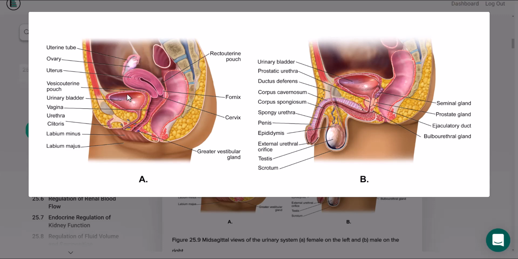So pregnant women are having to go to the restroom more often because the pressure on the bladder from the baby is significant. But after childbirth, some women need to strengthen these pelvic floor muscles to restore normal urinary function, because there is stretching and a little bit of damage done to the sphincters of the urethra.